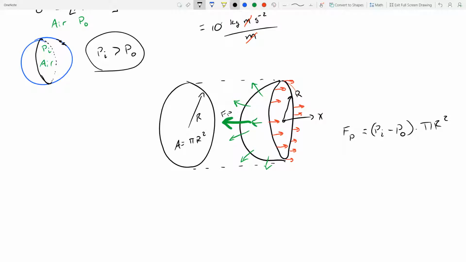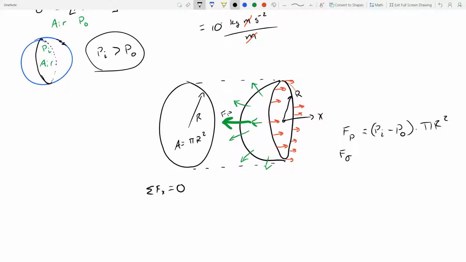At the same time, we've got all these little intermolecular forces distributed around the ring that connects these two halves of the bubble together. And we're going to call this F sigma. Okay. So if we do a sum of the forces in the x direction, then we can write sum Fx equals 0. Why equal to 0?